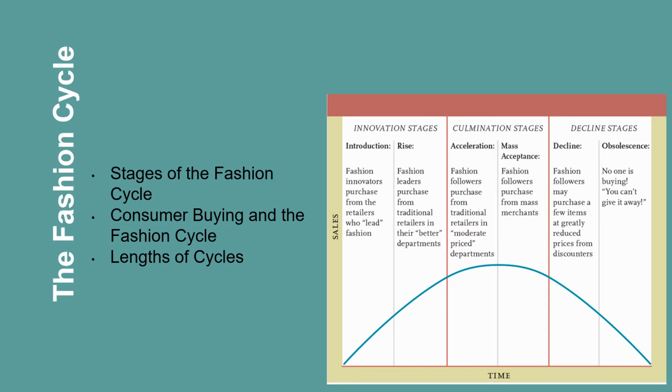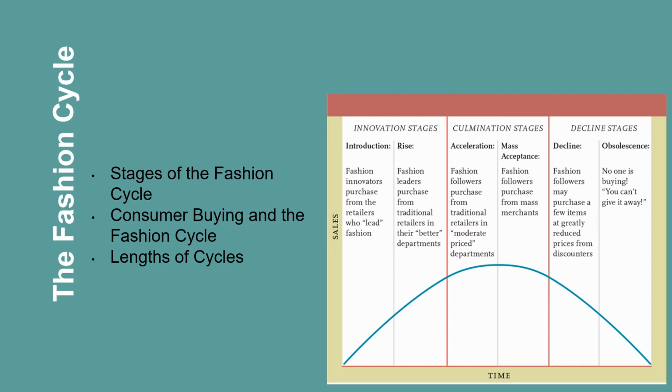The first thing that happens in any cycle is that it is introduced. An item or garment is introduced, so it's new to the market. It's something that nobody has ever seen before. So it starts in an introduction phase, and it could be a new style or color or texture, a design choice that is different.